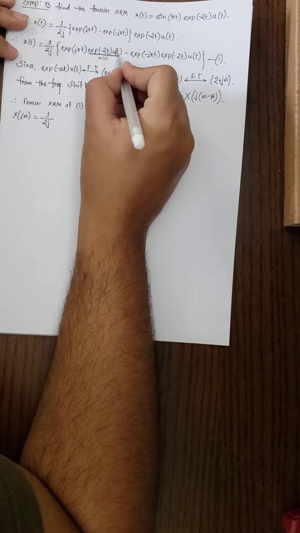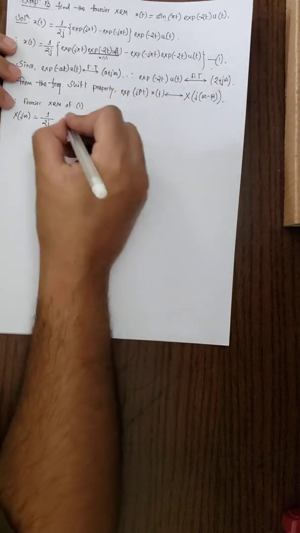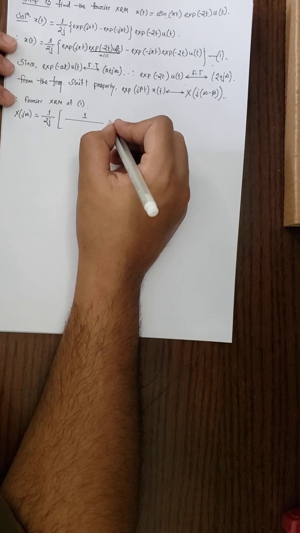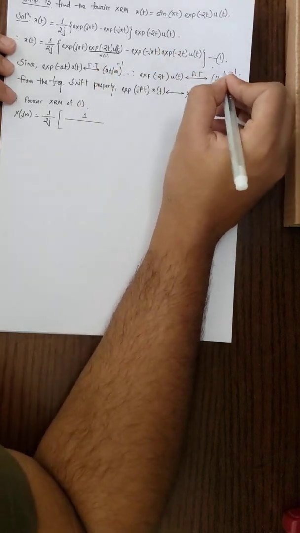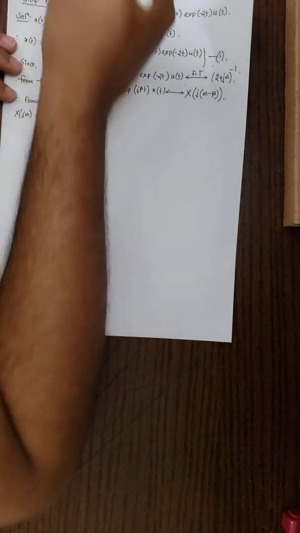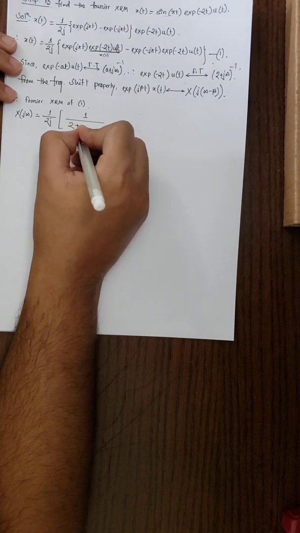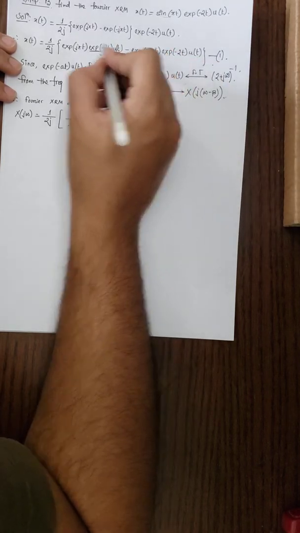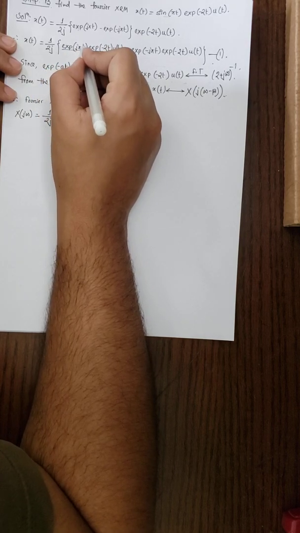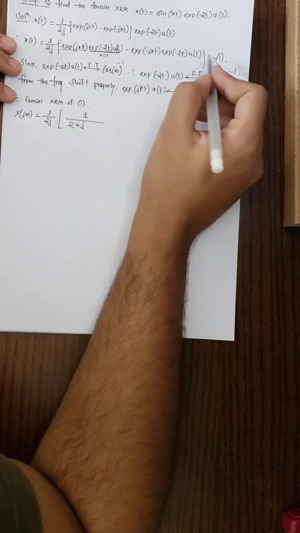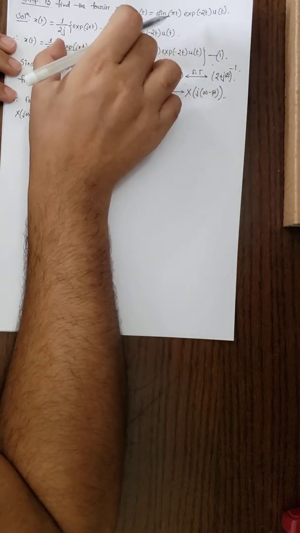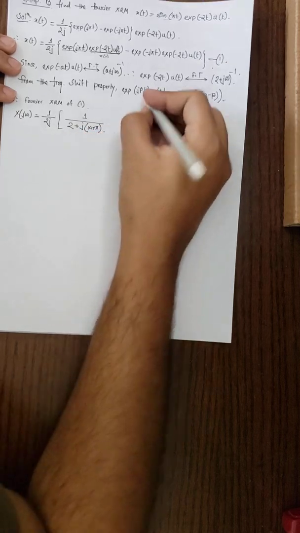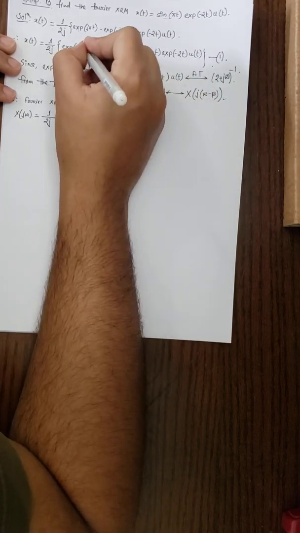If this part is x of t, the Fourier transform will be 1 over 2 plus j, and since instead of omega there is e to the power j pi t multiplied to this expression, in the frequency domain the Fourier transform will be shifted to omega minus pi from this property, where beta is the value of pi.